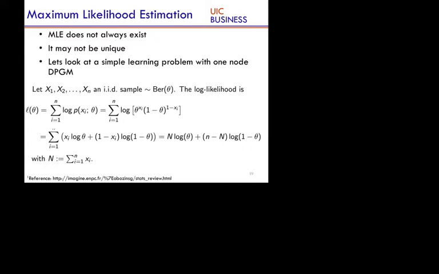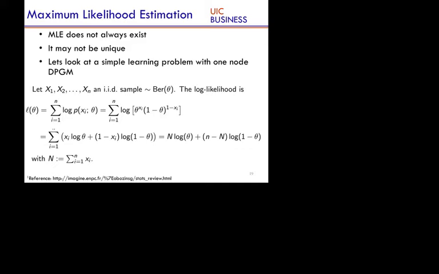Because there's a log and a product of a bunch of terms in here, we can split the terms into two parts. In the first product, since log of theta to the power xi is just xi log theta, these are the two terms.